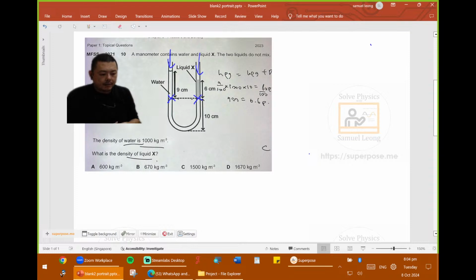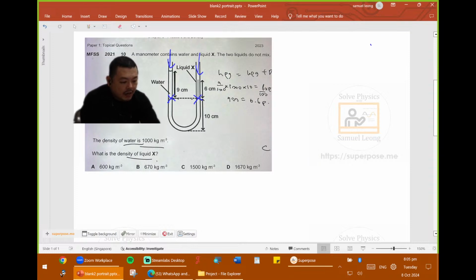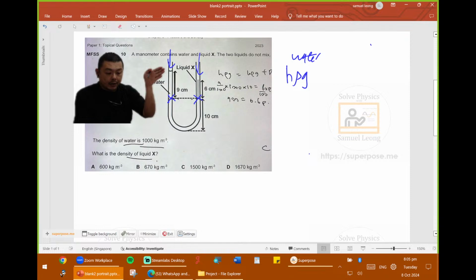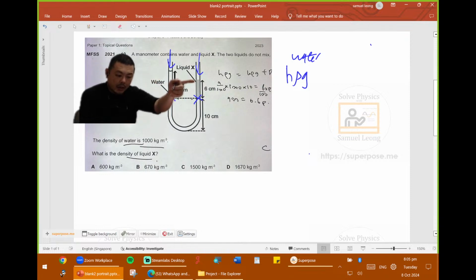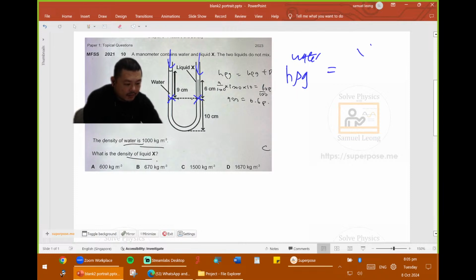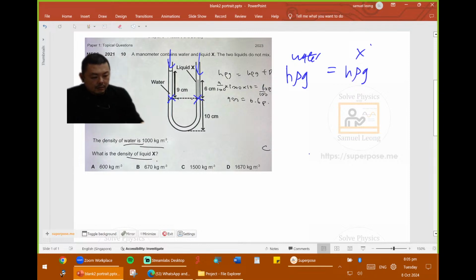So all you have to care about is the h rho g of the water. The liquid pressure from this 9 cm of water equals the pressure by 6 cm of liquid X. And they ask you for the density of liquid X.